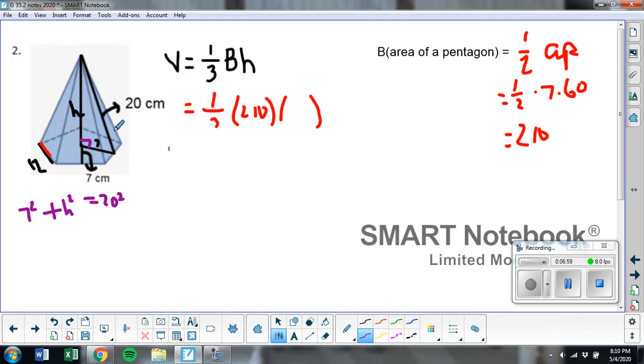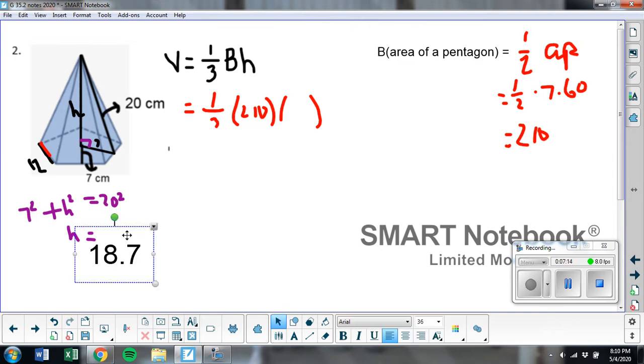That's the hypotenuse. Okay, go ahead and solve that. You can pause the video. I got 18.73499. Now I didn't round yet because it's not my final answer, but that's my height.